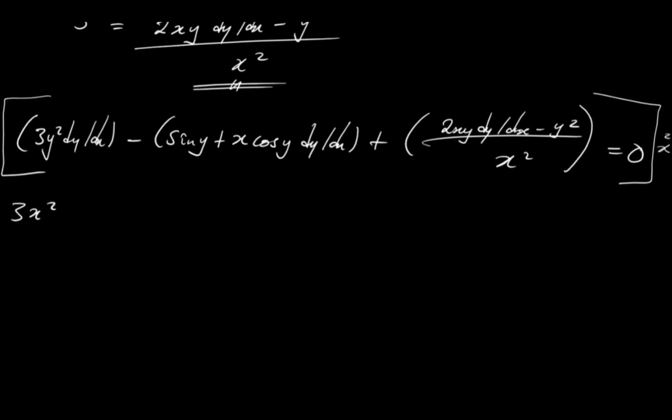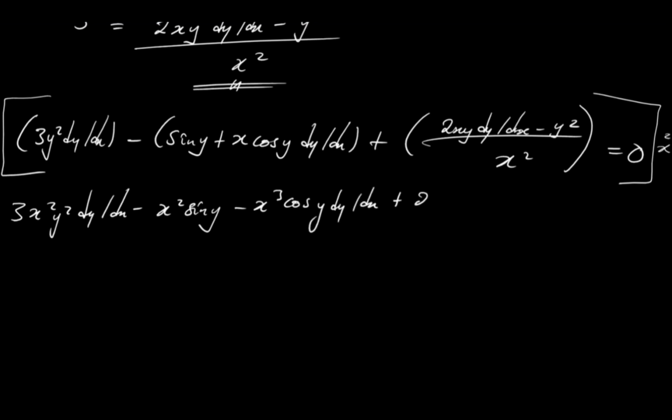So we have 3x squared y squared dy over dx minus, no, let me say x squared sine y minus x cubed cos y dy over dx plus 2xy dy over dx minus y squared being equal to 0.